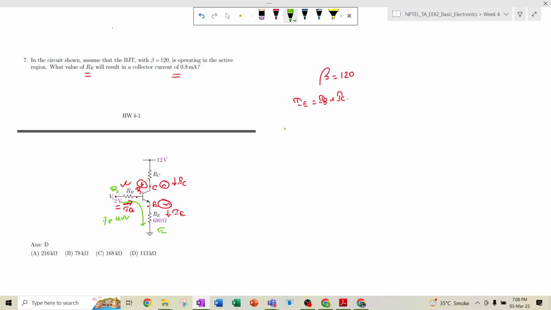If we put the input KVL, that is VI minus IB into RB minus VBE, there will be a certain voltage drop VBE, that is 0.7 volt, already mentioned, minus IE into RE is equal to 0. So this is 2 minus IB into RB minus 0.7 minus IE, which is nothing but IB plus IC, into RE, equal to 0.